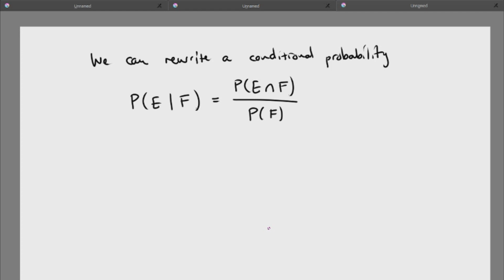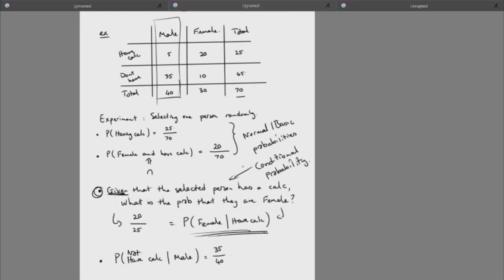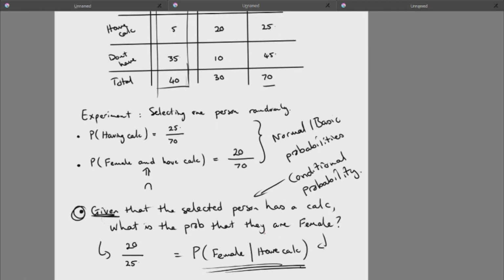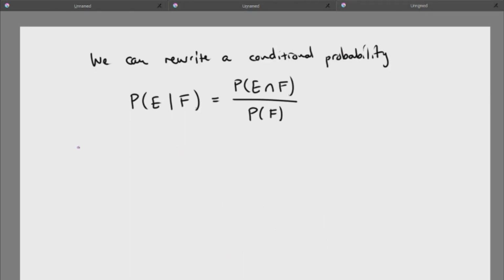So let's use this in the previous example to rewrite this bottom probability, which is a conditional probability, and see how we could have gotten 20 out of 25 in another way, as if we didn't have the table in this nice format. So our conditional probability is female given having a calculator. So let's verify with the previous example.